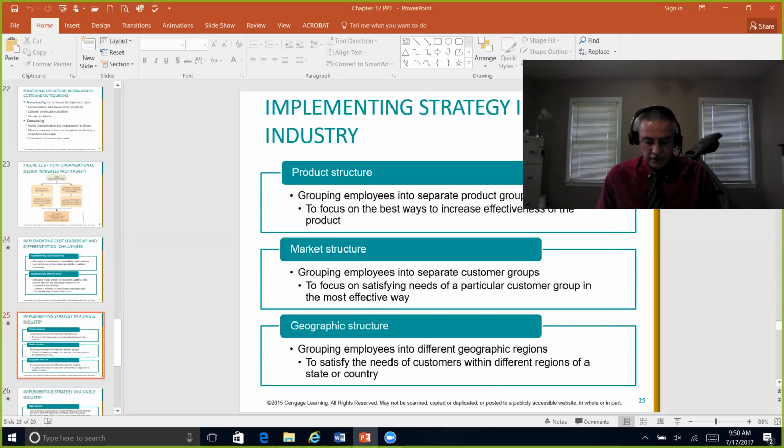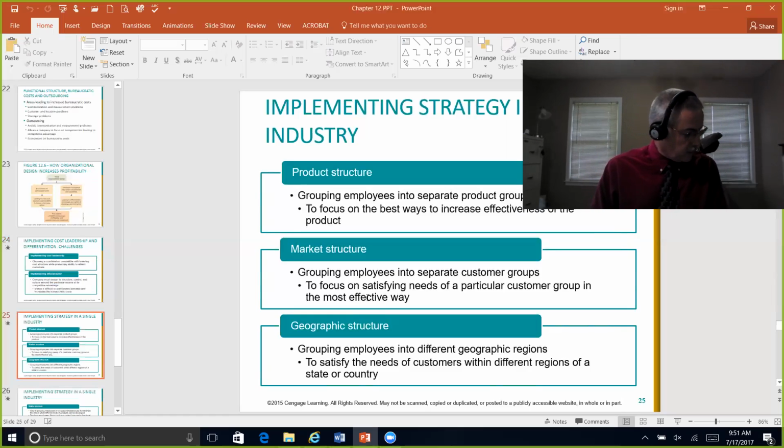Another one of these is called market structure, over on page 424. It looks very similar to product groups, but instead, market structure looks at customer groups instead of product groups, where a company that's pursuing this strategy is increasing its responsiveness to its customers, where the employees may be grouped in functions, but it's all driven to improve customer responsiveness.